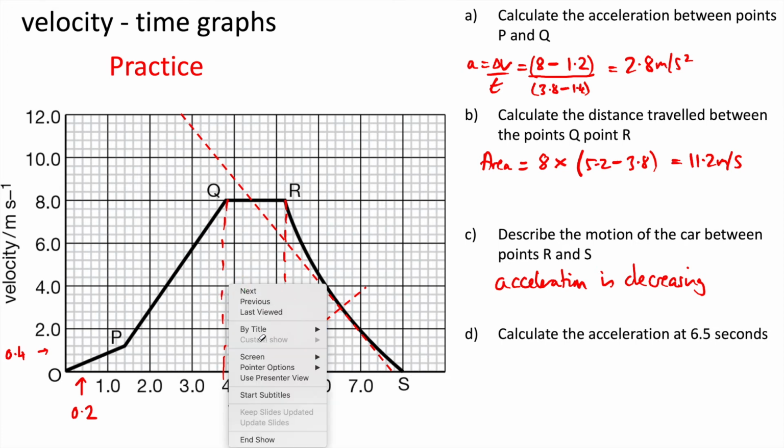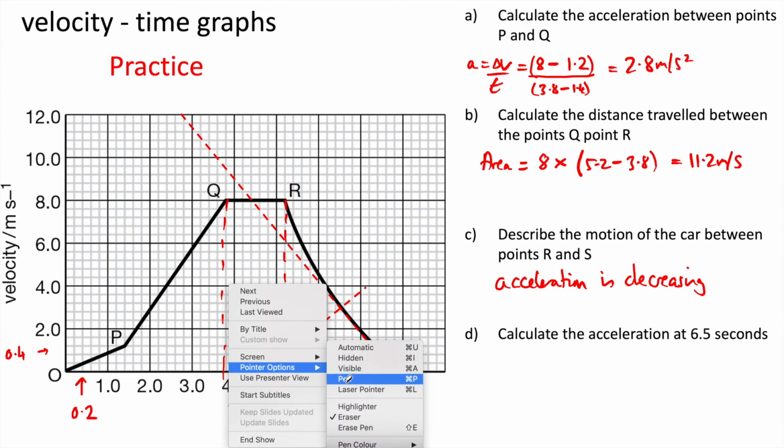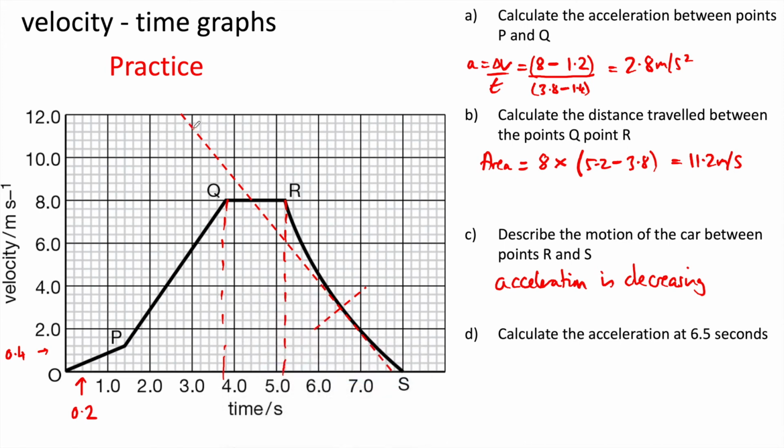And so to save time, I'm going to make sure that where I can, I choose a whole line. So you can see I'm going to choose this line here, going down, and therefore I'm going to use that triangle there. So acceleration is the change in velocity over time.